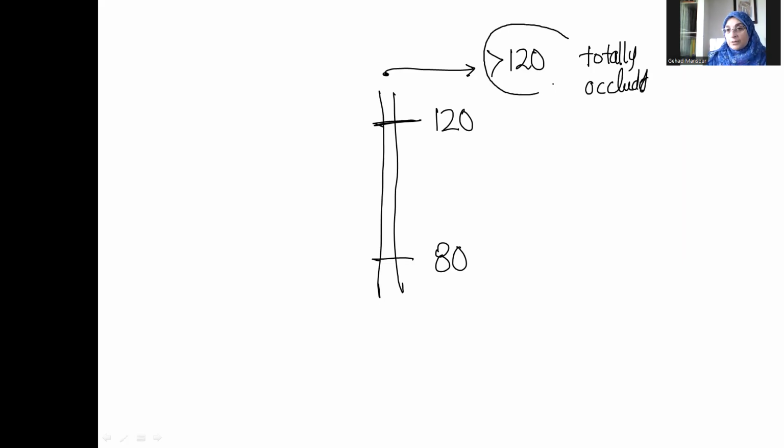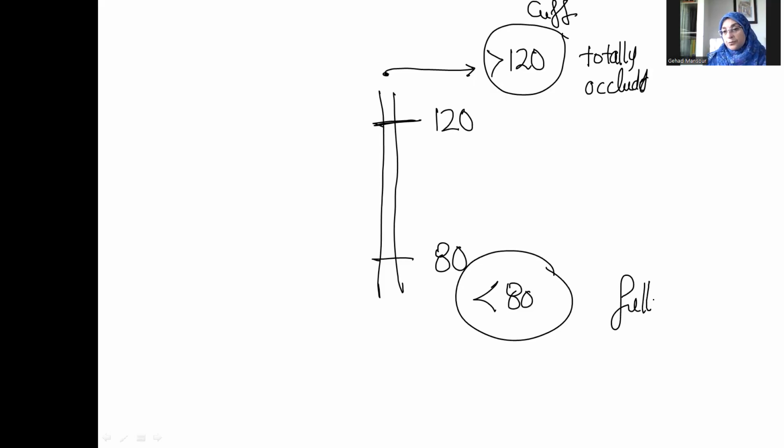And when you are below 80, the artery is fully open and you hear no sound at all. In between, you will hear a sound because the artery will be partially occluded.